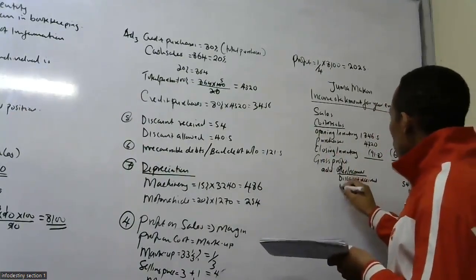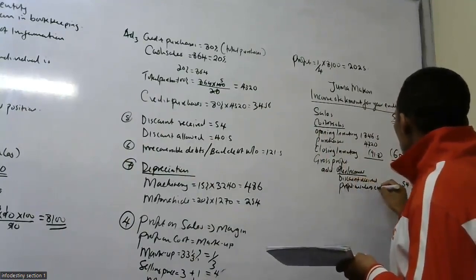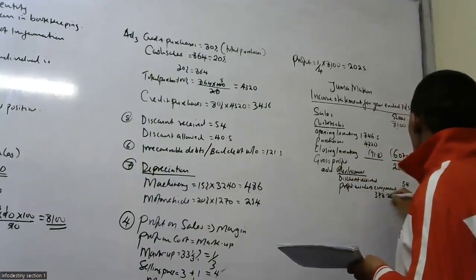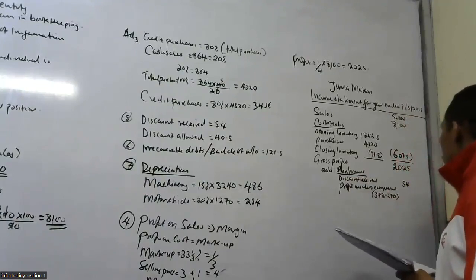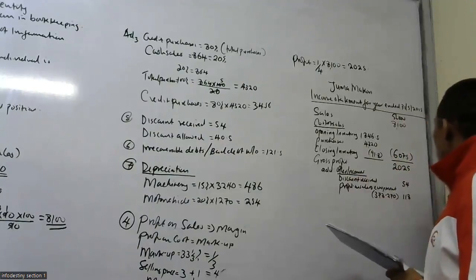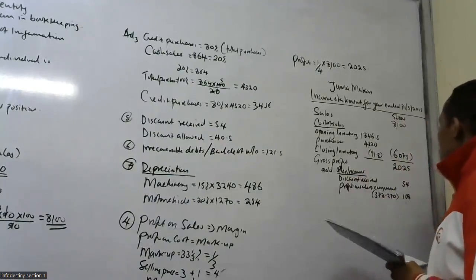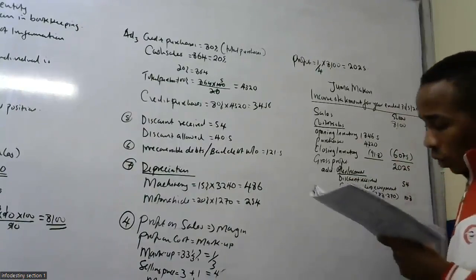That means it was sold at a profit on sale of equipment, which is 378 minus 270. That is 108, sorry, 108. That's a profit of 108.